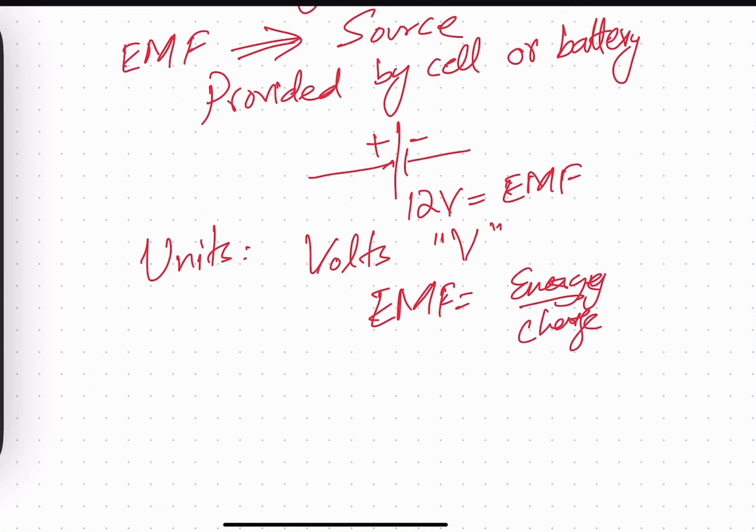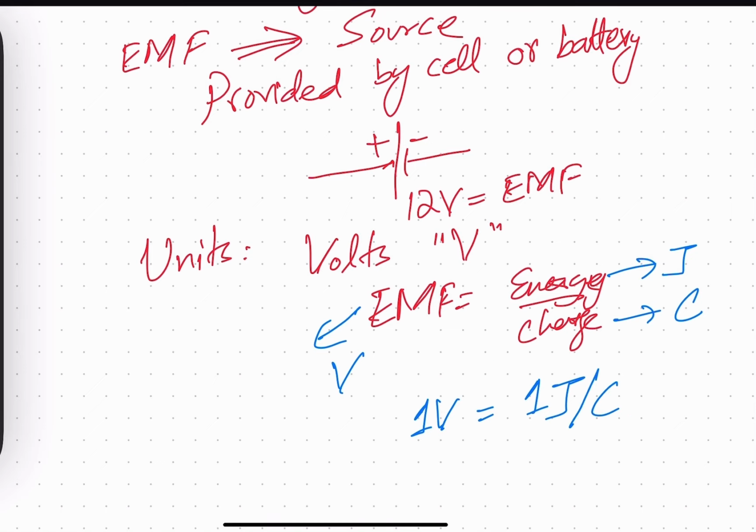So for energy we have joule, and for charge we have coulomb, and EMF is in volts. So we can write that 1 volt is equal to 1 joule per coulomb.